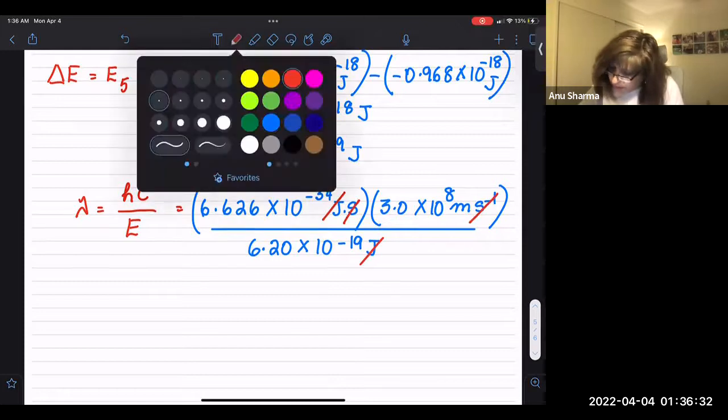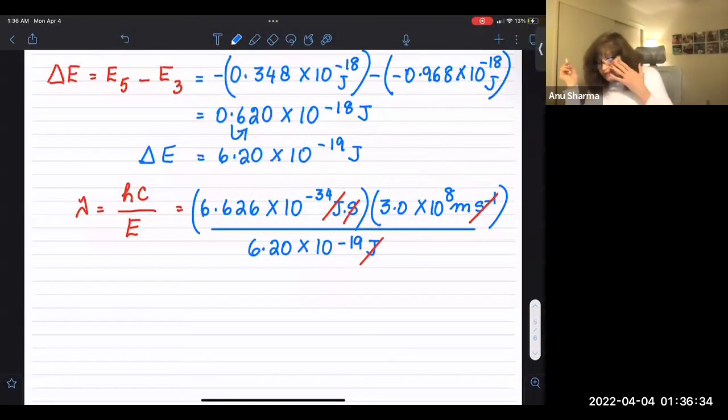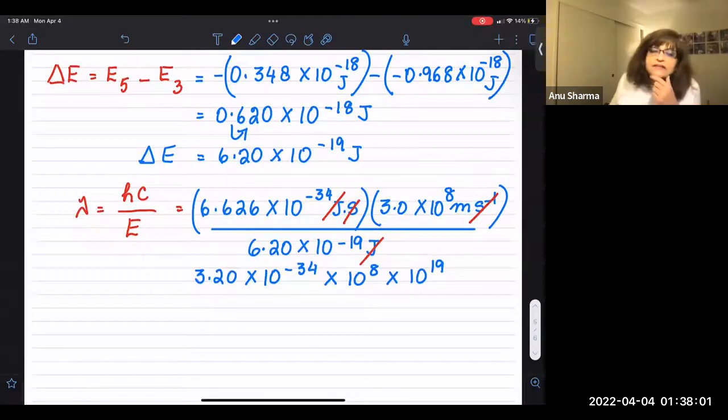So now what you do, you take 6.626 times 3 divided by 6.20. So let's see what we get. Here you see that 6.626 times 3 divided by 6.20 gives you 3.20. And then we have 10 to the power negative 34, and we have 10 to the power 8. And then when 10 to the power negative 19 comes in the numerator, it becomes a positive 19.